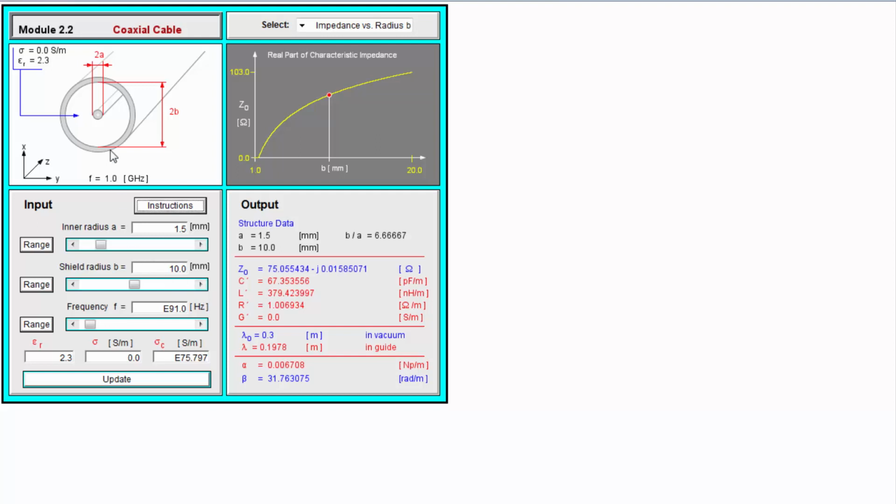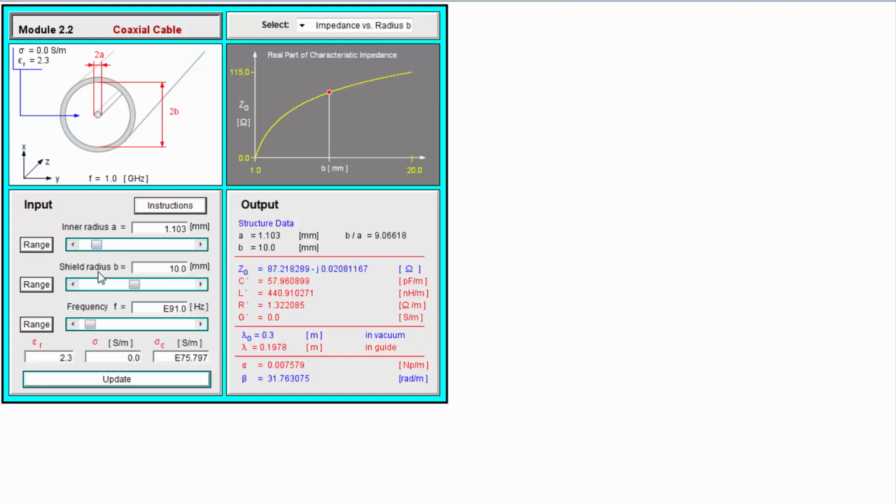now, if the diameter of the core is increased, we see the characteristic impedance here will be decreased. So it's inversely proportional to the diameter of the conductor, and when it's decreased, it will be increased.